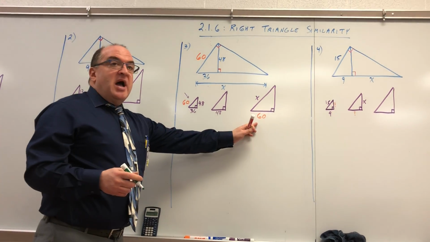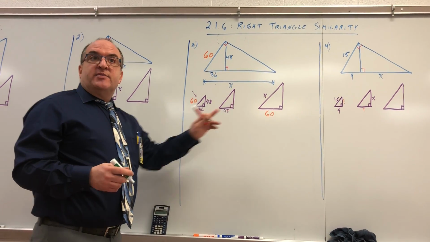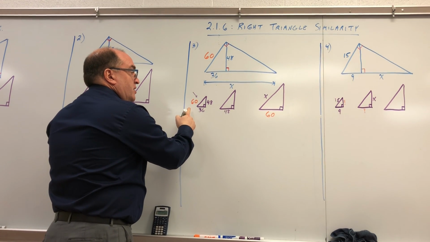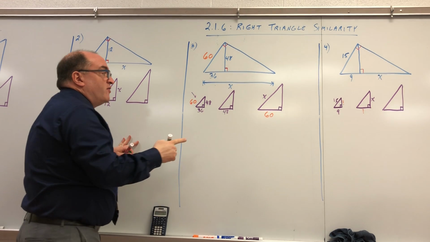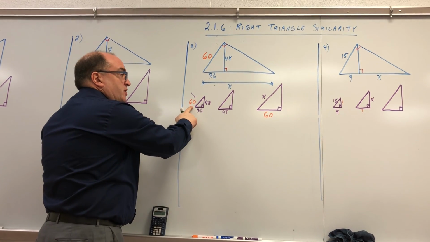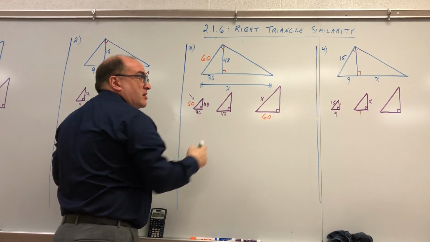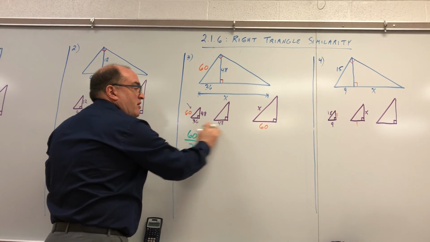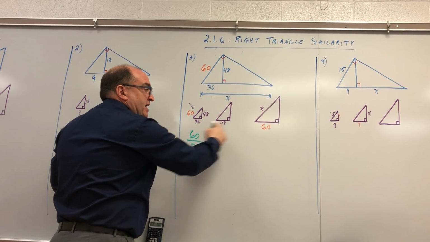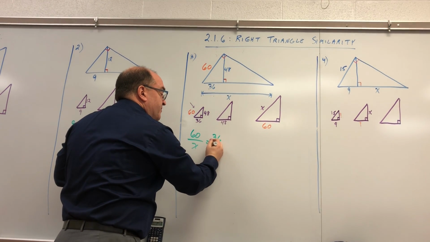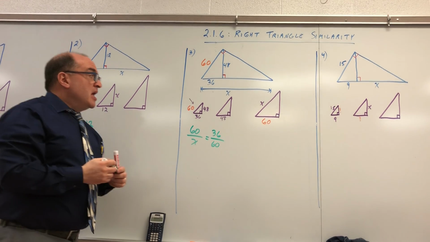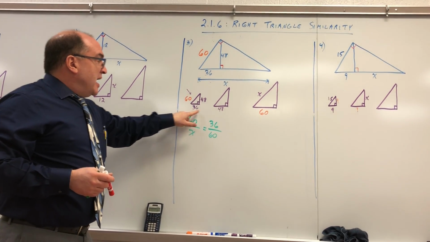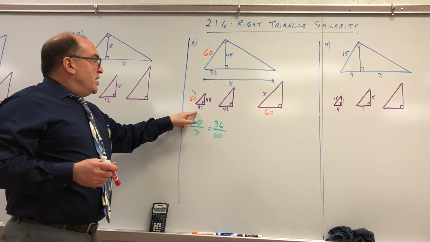What over what equals what over x? 60 over x. Okay, 60 over x equals what over what? 36 over 60. Why not 48? Because you already have the bottom.